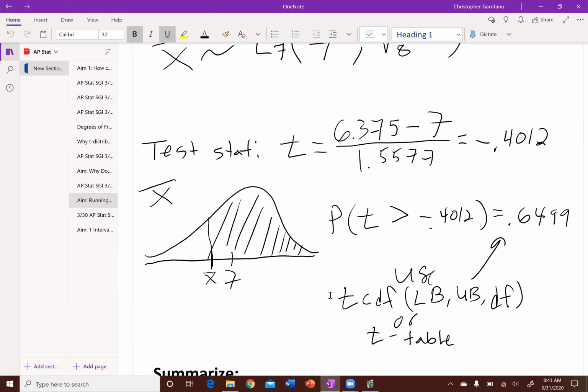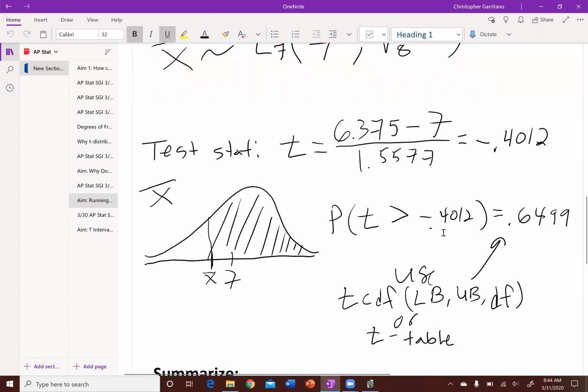Whereas with normal CDF, you can enter baby weights, or average number of shoes, or proportions, as long as you specify the mean and the standard deviation of the normal distribution that you're working with. But with the tcdf, you have to use the standard T distribution. So that's why it is necessary that I calculate the t-stat in order to calculate the p-value in this case.